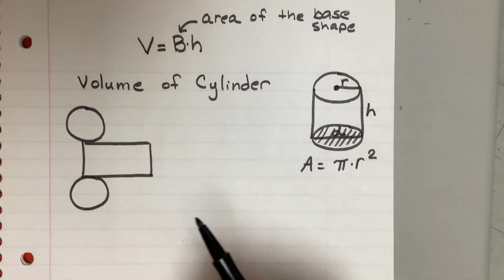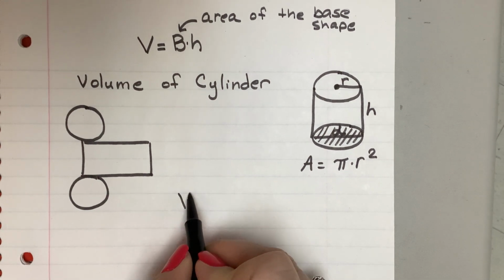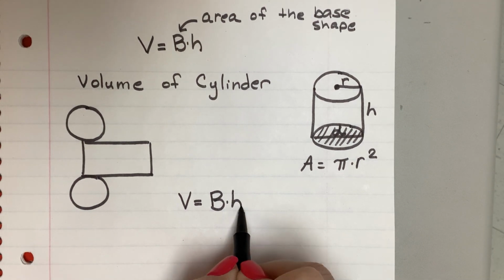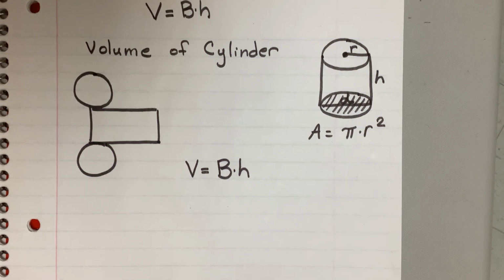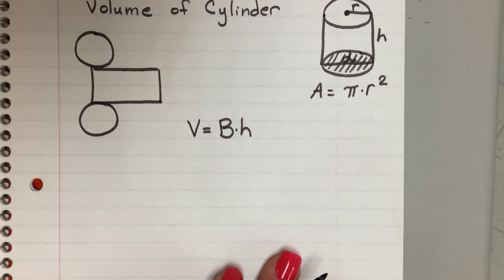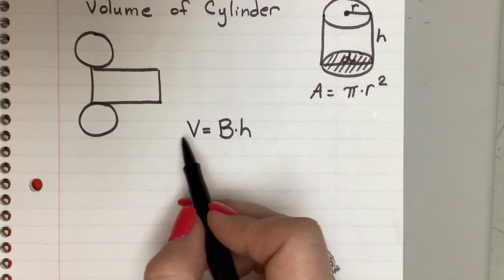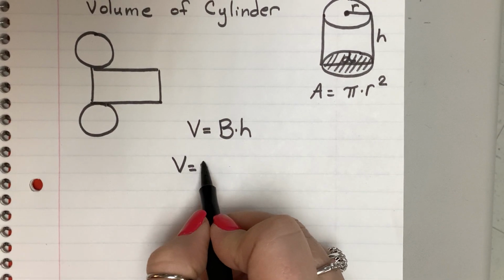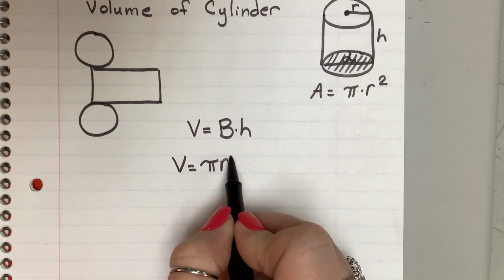So in order to find the volume of a cylinder, we're going to do big B times H. But since our base shape is a circle, I'm going to replace the base area with the area formula of a circle.